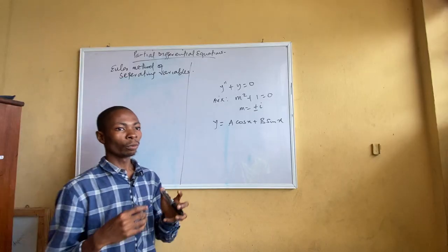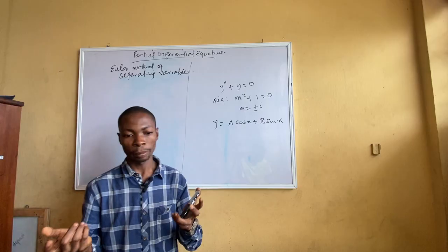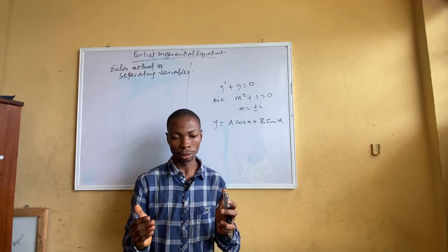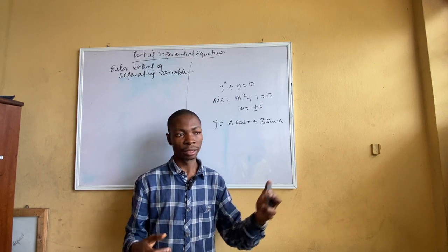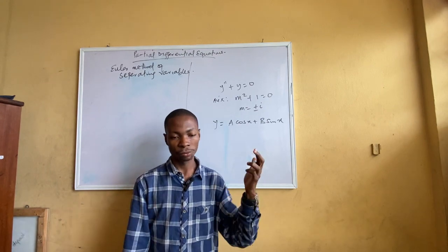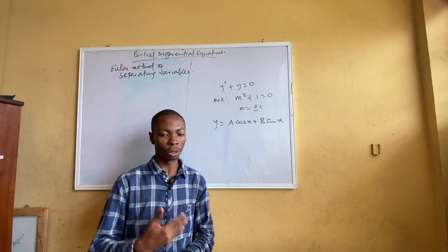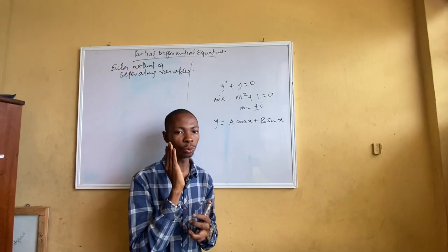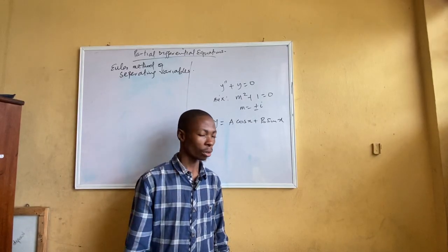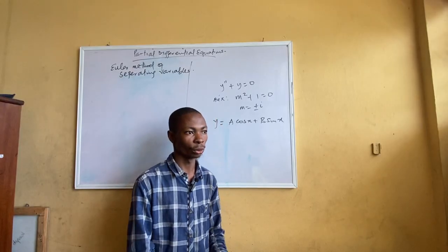When we have a partial differential equation, we already know that it is an equation involving two or more different derivatives: derivative with respect to x, y, t. So we are going to use a substitution. The substitution will split that partial differential equation into two first order differential equations. Then we solve them separately and then we join the solutions.